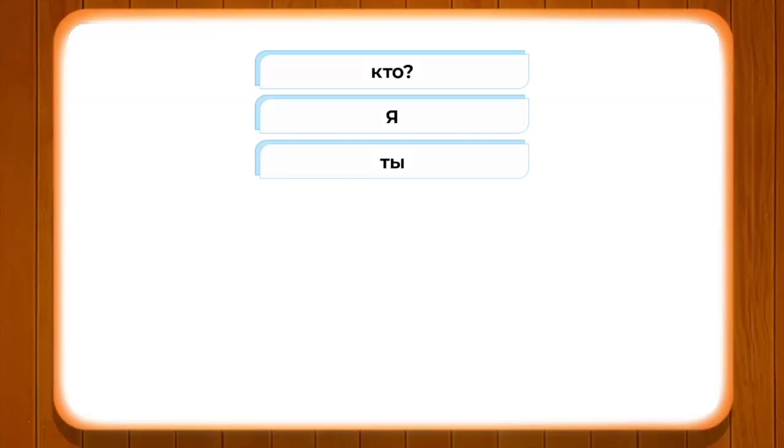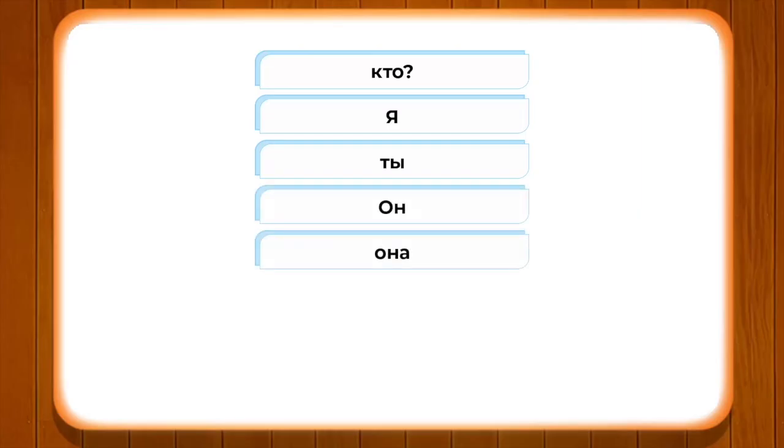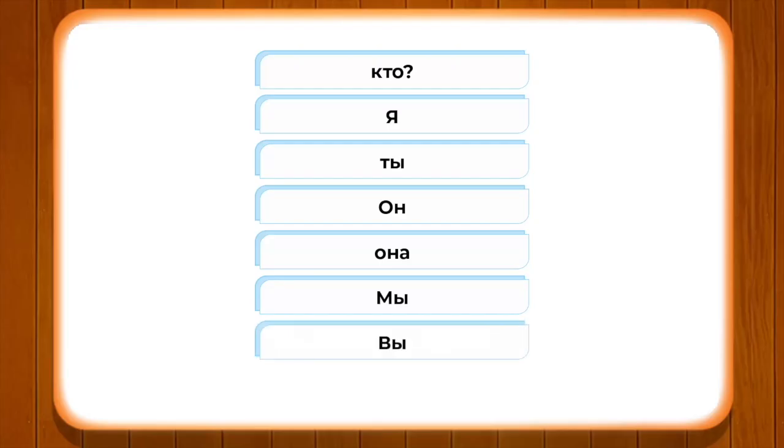In personal pronouns, in nominative we have ya, ty, on, ona, my, vy and oni. The question is kto. Ya means I, ty means you singular, on means he, ona means she, my means we, vy means you plural, and oni means they.